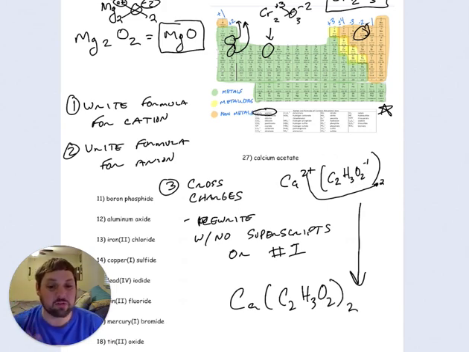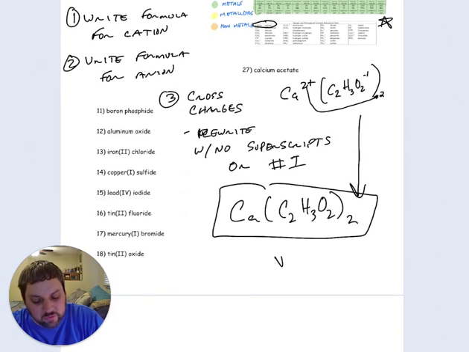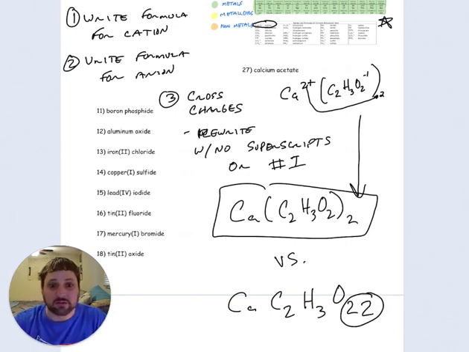Versus if we didn't do the parentheses, so again, this is going to be the correct answer, but if we didn't utilize those parentheses, what we might end up doing is bringing that 2 down and saying we have 22 oxygens. We don't want 22 oxygens, right? So this second way is not the correct way. We want to utilize those parentheses.